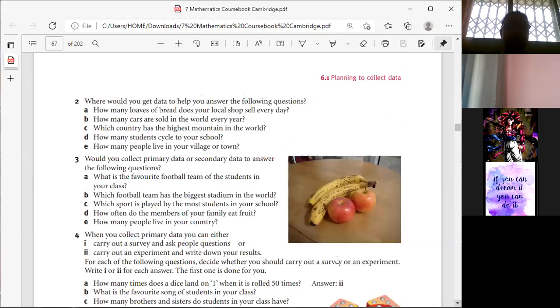Now we'll move to the second question. Where would you get data to help you answer the following questions? How many loaves of bread does your local shop sell every day? Tell me.